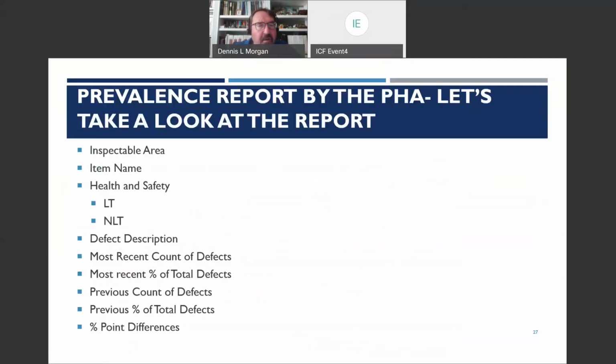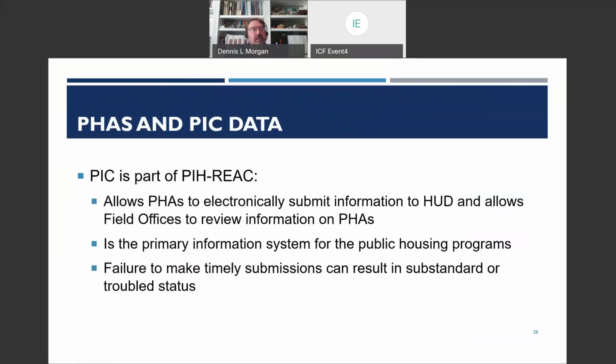And so in that prevalence report, you saw where it provided that additional information in terms of the area, whether it's a health and safety, the defects, and also my trending from last year or last time inspected to the current level of inspection as well.